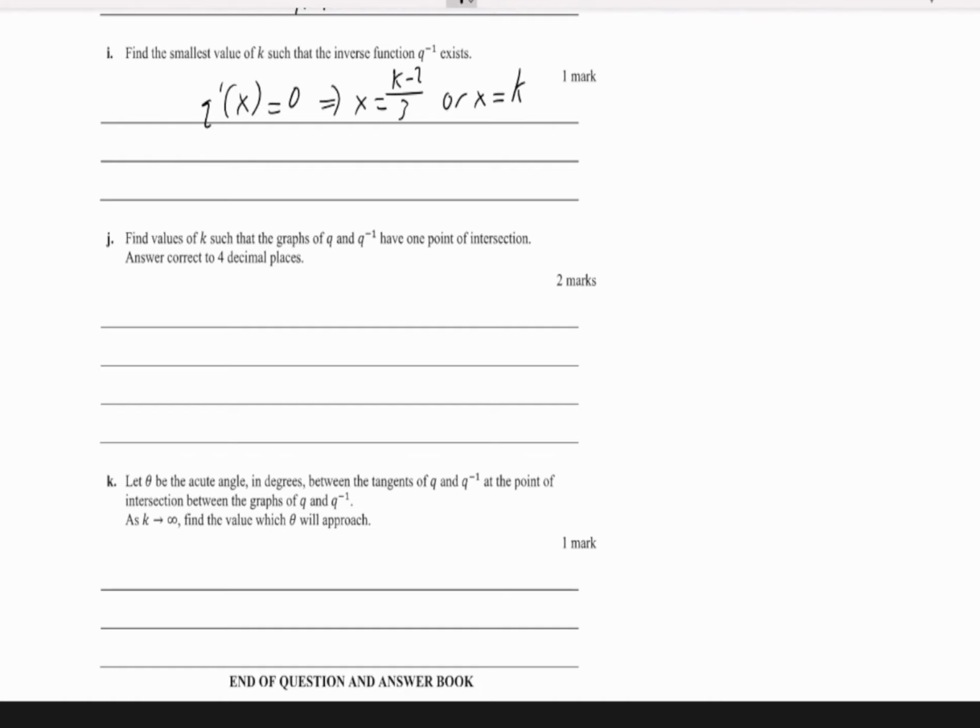You have to remember that k is going to be greater than k minus 2 on 3, and if you change that around, you get k is greater than negative 1. So the smallest value has to be negative 1 of k.